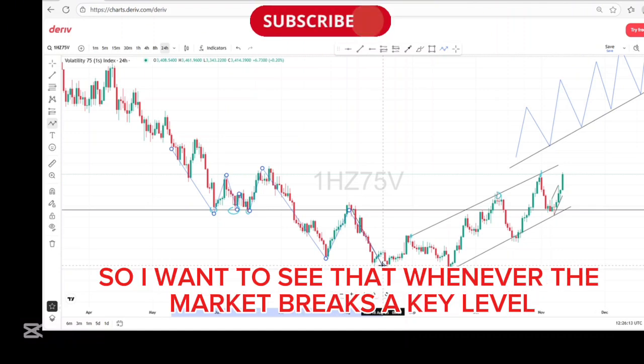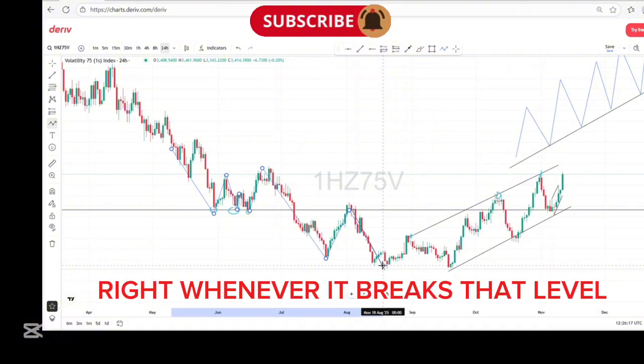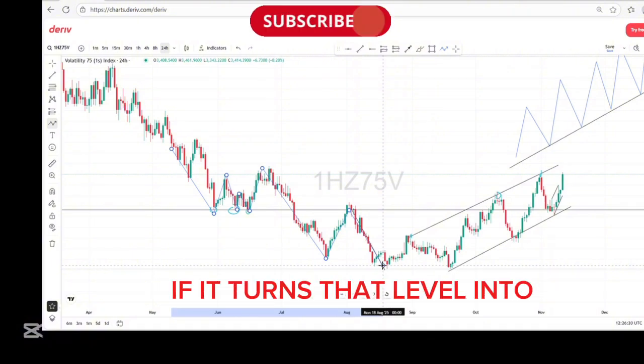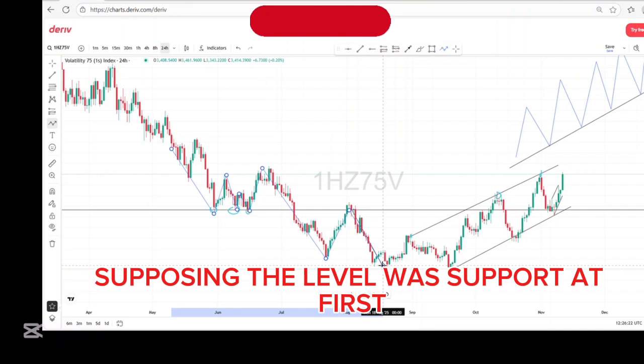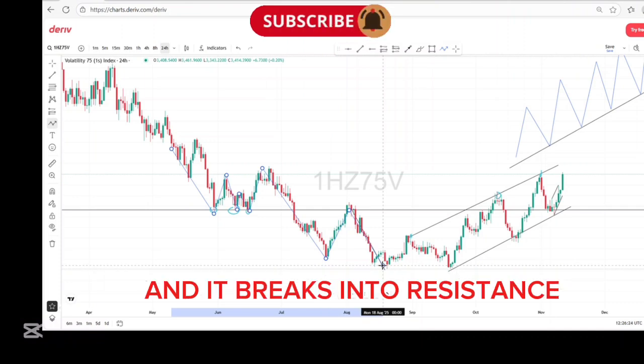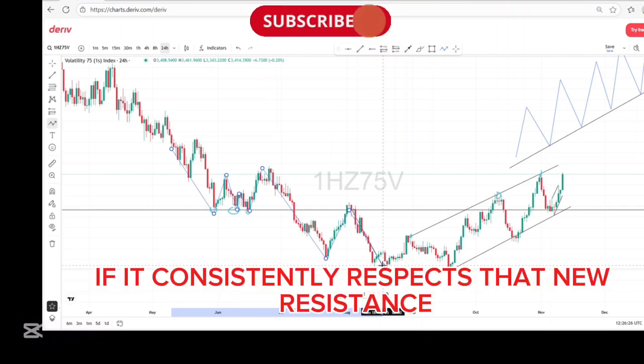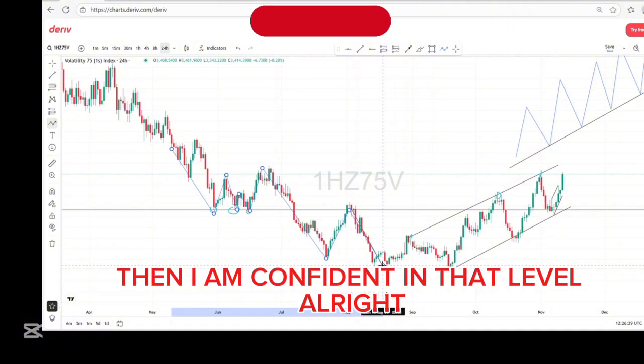So I want to see that whenever the market breaks a key level, supposing the level was support at first and it breaks into resistance, if it consistently respects that new resistance, then I am confident in that level.